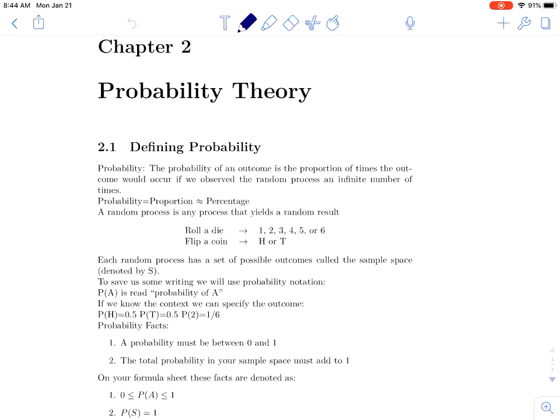So a random process is something like you roll a die or you flip a coin, right? All these things are random. And even though we get hung up on, oh no, I've flipped too many tails already, the next one has to be heads, that's not how it works, right? The probability of flipping, I don't know, 5 tails in a row, it's not that high, but it can still happen, right?